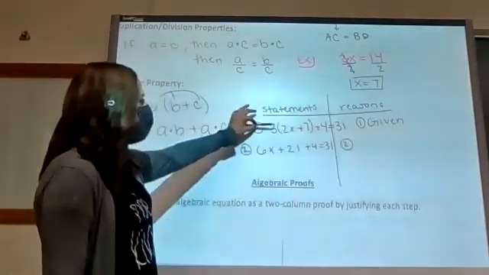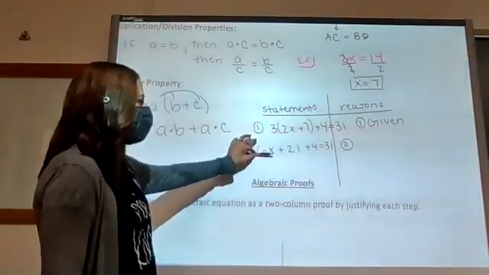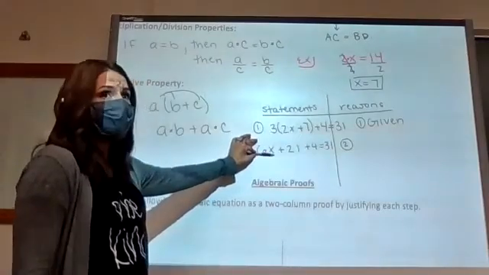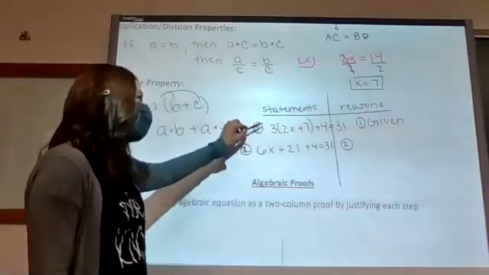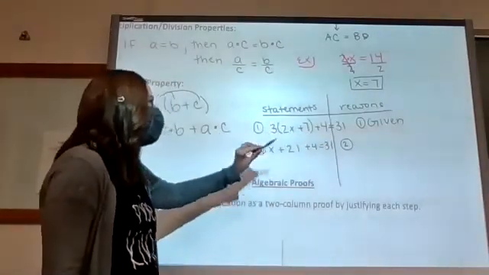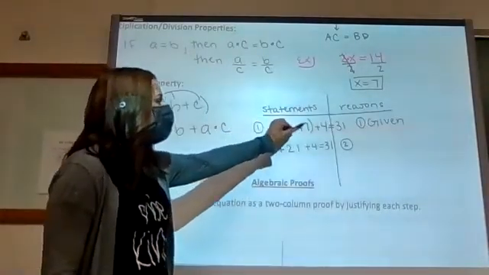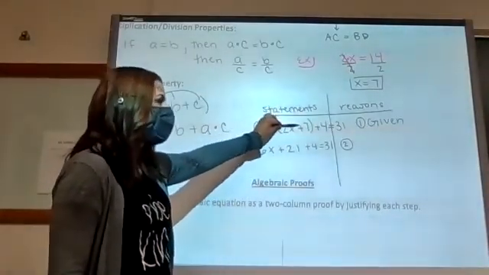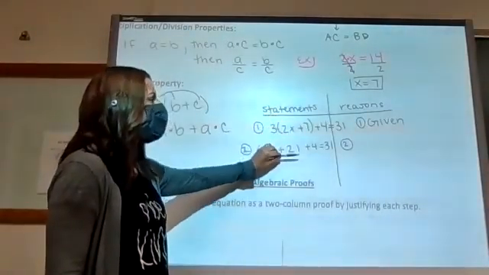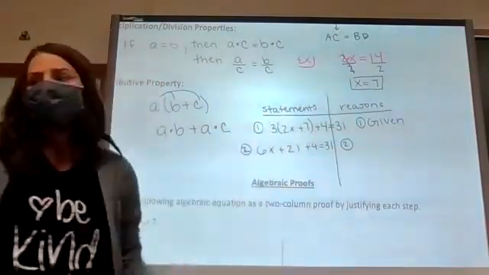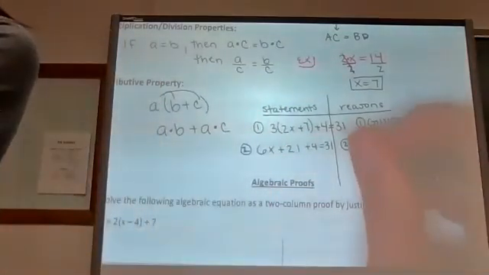So what I did from here to here, and I don't show my work, I'm not writing anything underneath or drawing in what I'm doing, is I distributed 3 through. So I can state this because the distributive property exists.